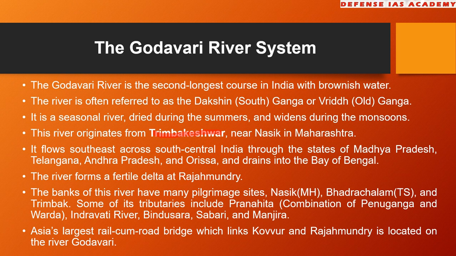It flows southeast across south central India through the states of Madhya Pradesh, Telangana, Andhra Pradesh, and Orissa, and drains into the Bay of Bengal. So it covers four states: Madhya Pradesh, Telangana, Andhra Pradesh, and Orissa, and drains into the Bay of Bengal.